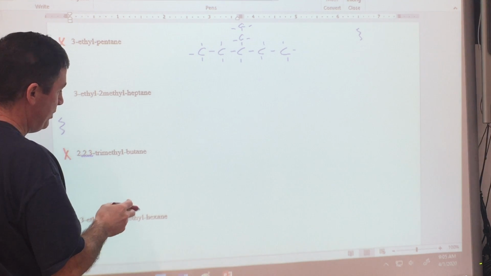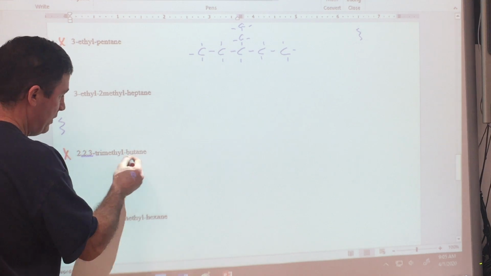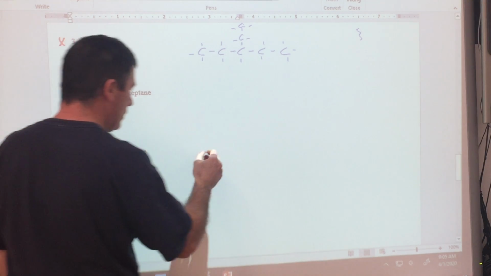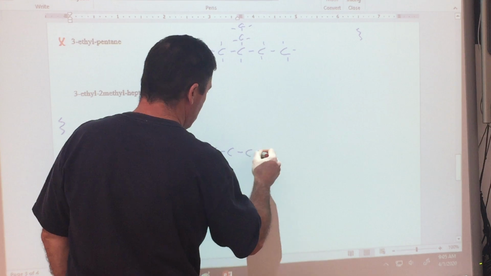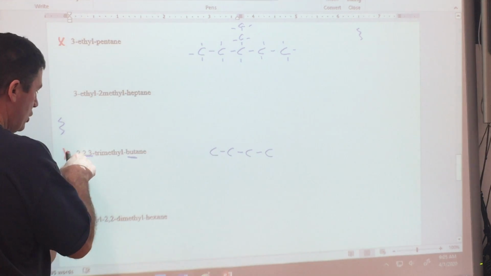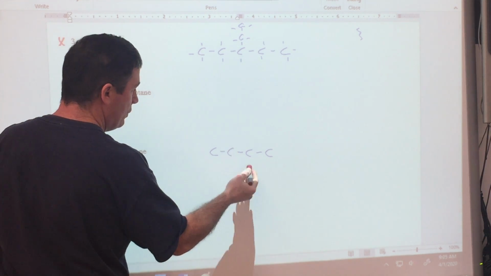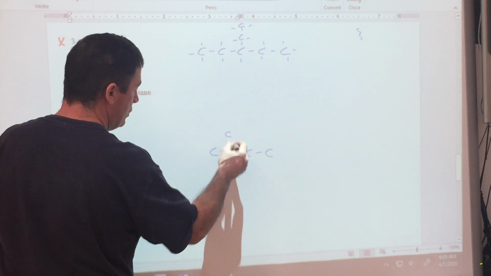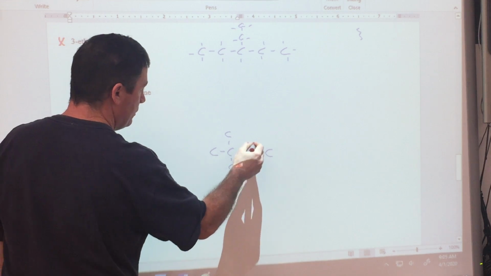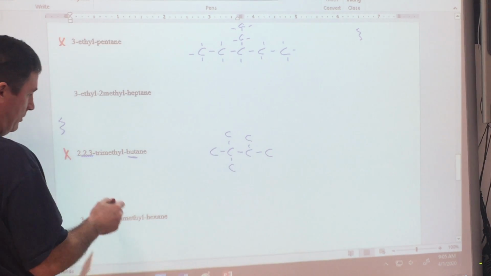2,2,3-trimethylbutane. Okay, so my prefix is but, and that's 4. 1, 2, 3, 4. 2,2,3-trimethyl. So here's a 2, here's a 2, here's a 3.